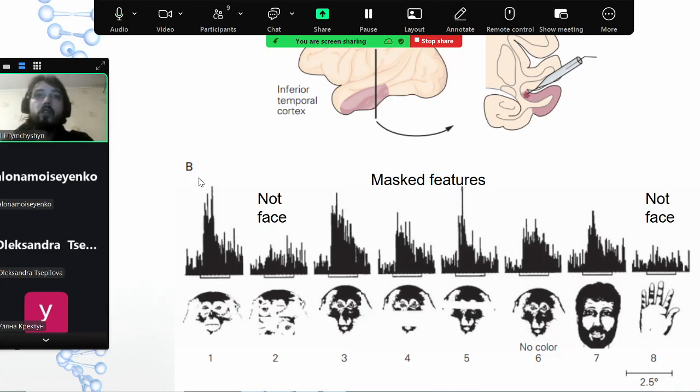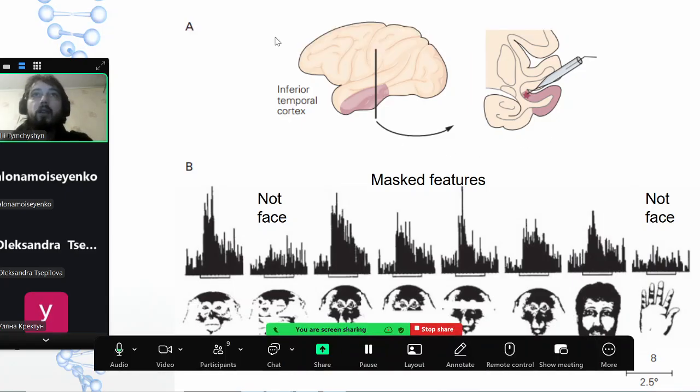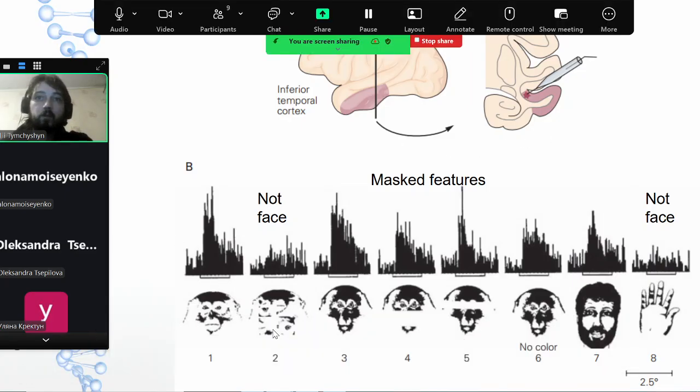And here is the result of a recording from, I guess, maybe some macaque monkey. It was shown images of other monkeys or humans or something like that. And here you can see the face of a monkey, and here you see a burst in the activity.